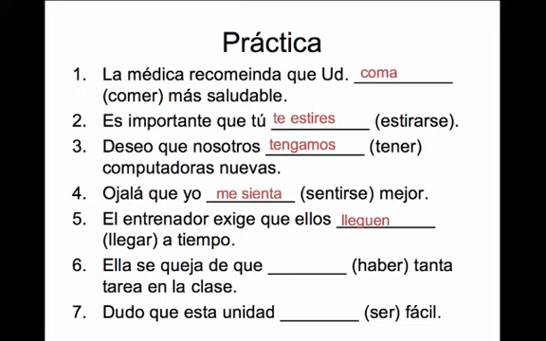Ella se queja de que haya tanta tarea en la clase. So she complains that there's so much homework in class. So in this case, the quejarse, she complains. It's kind of like an emotion. So that's why the second clause uses the subjunctive.